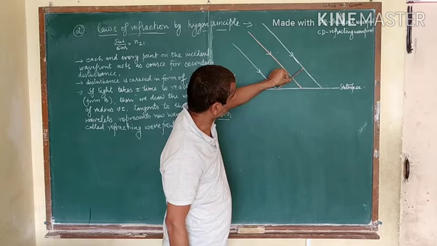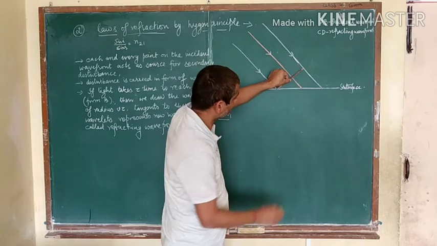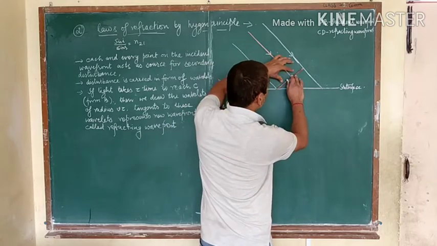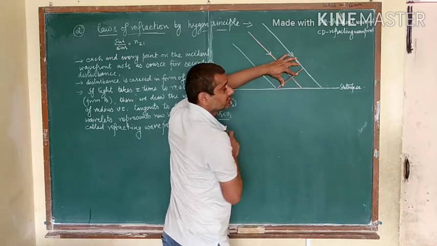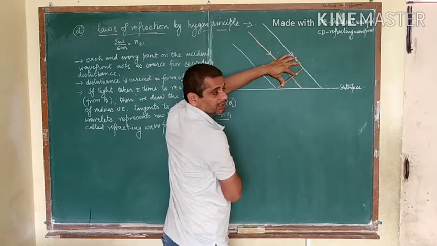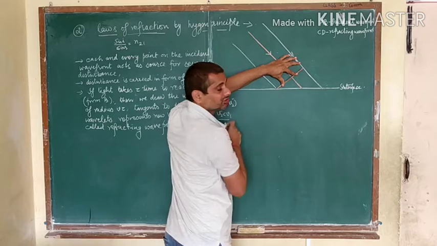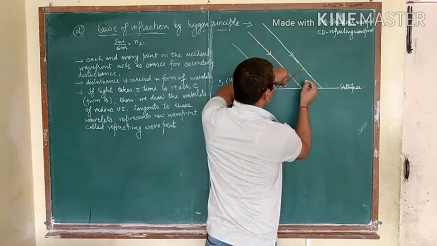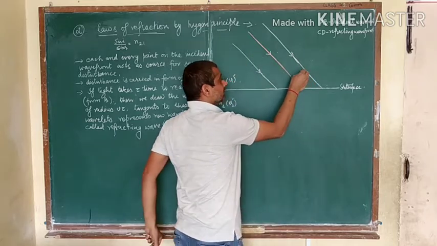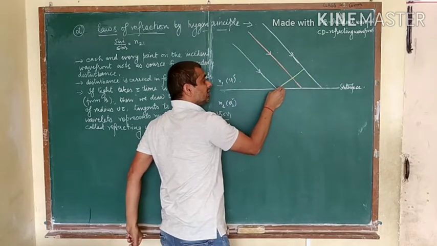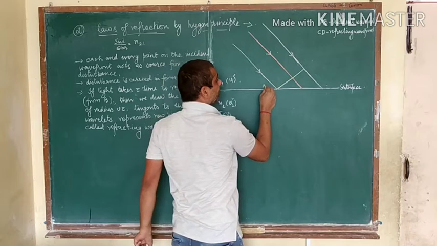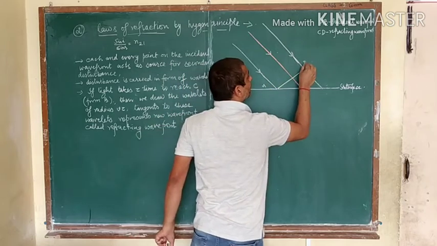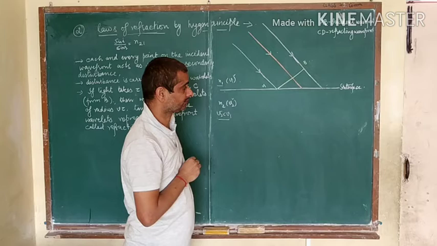As this wavefront reaches this point, this part of the wavefront strikes the interface. So I take this as the incident wavefront. I write it as incident wavefront. This is your A and this is your B.